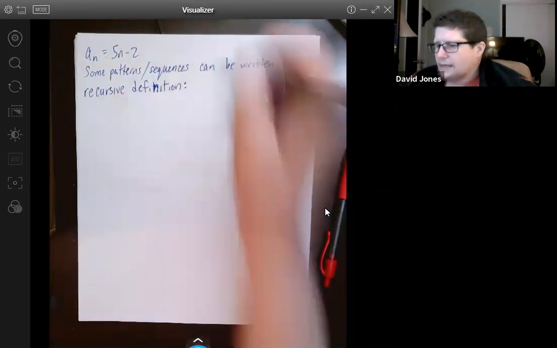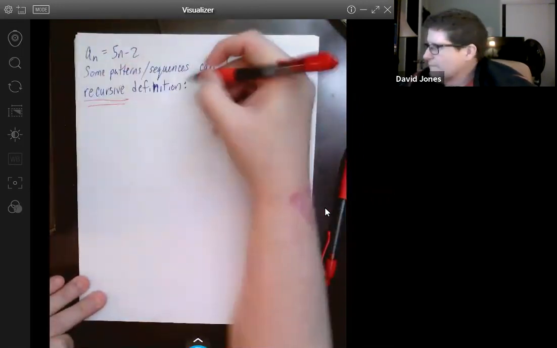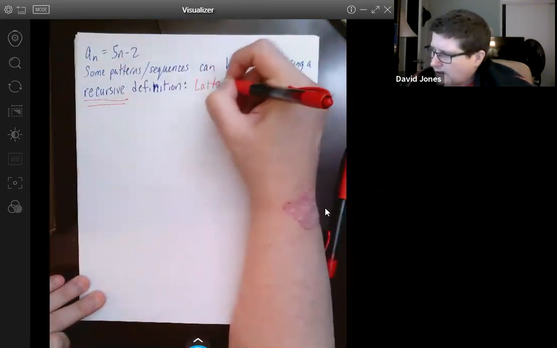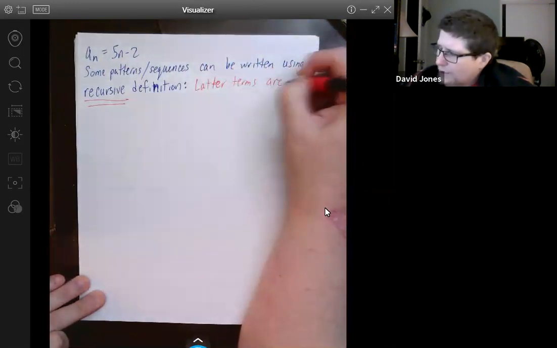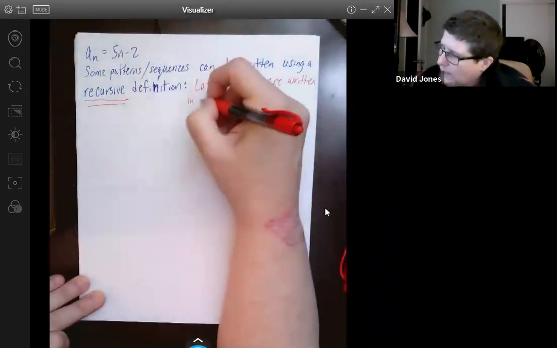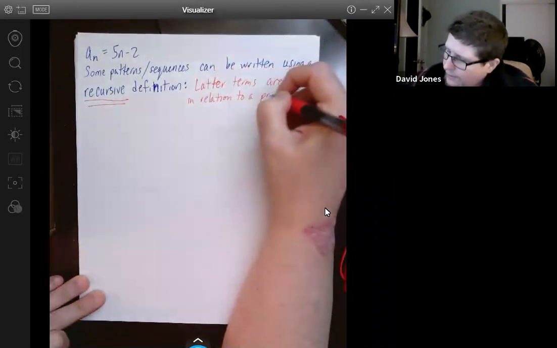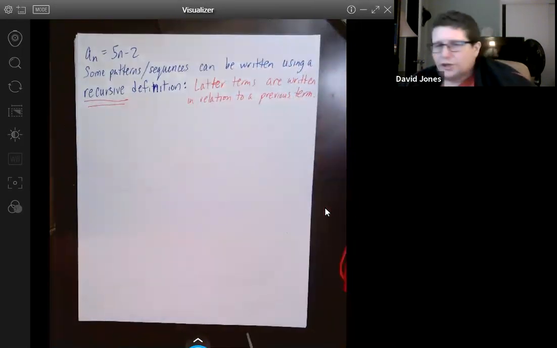A recursive definition means the latter terms are written in relation to previous terms. And for that to work, you have to have some starting term. To have the beginning point, you need a starting point.